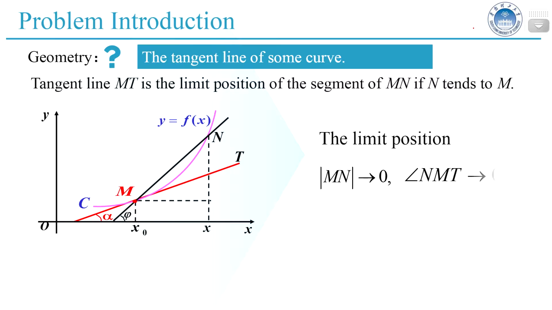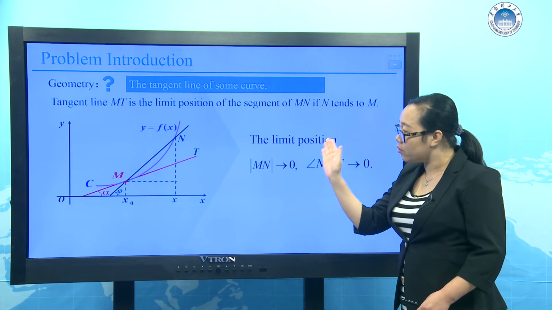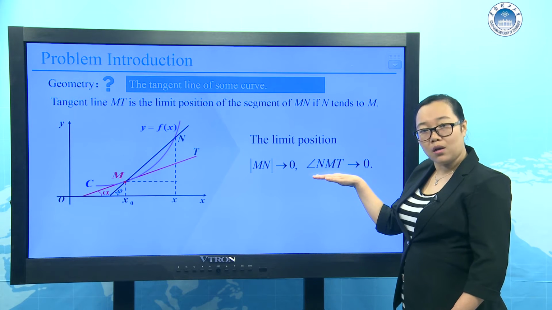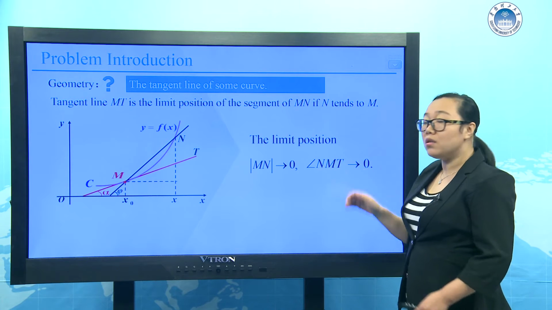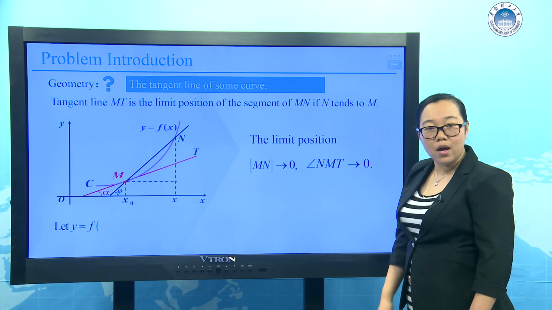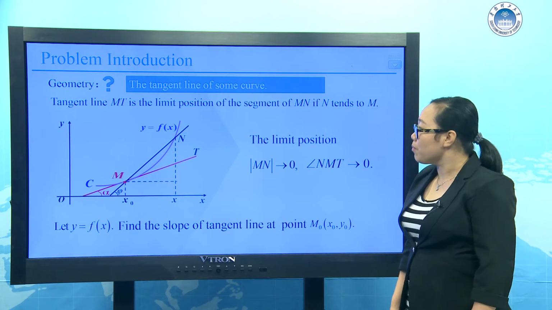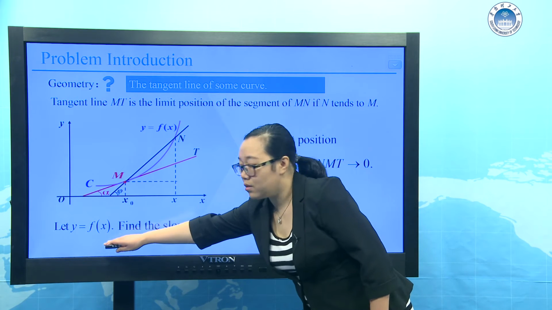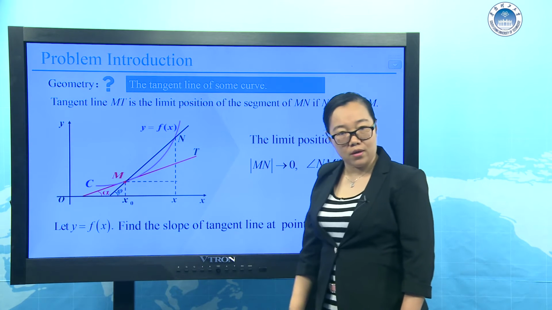At this time, the limit position, if the distance of MN tends to 0, means N tends to M, corresponds to the angle NMT tending to 0.